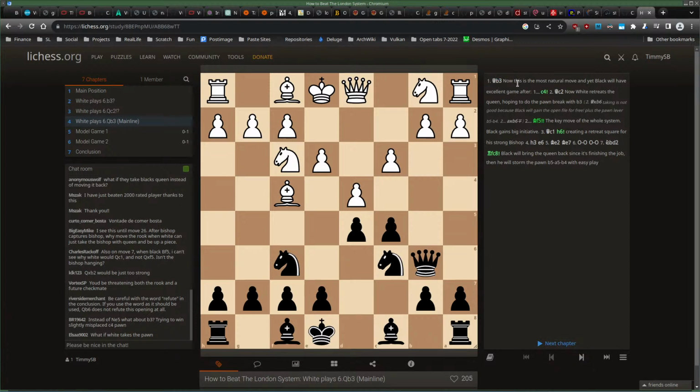Bishop b3 now is the most natural move. Yet black will have excellent game after c4. Okay, so even with the detour of g6 and the bishop here, after the queen goes to b3, I have to play c4.